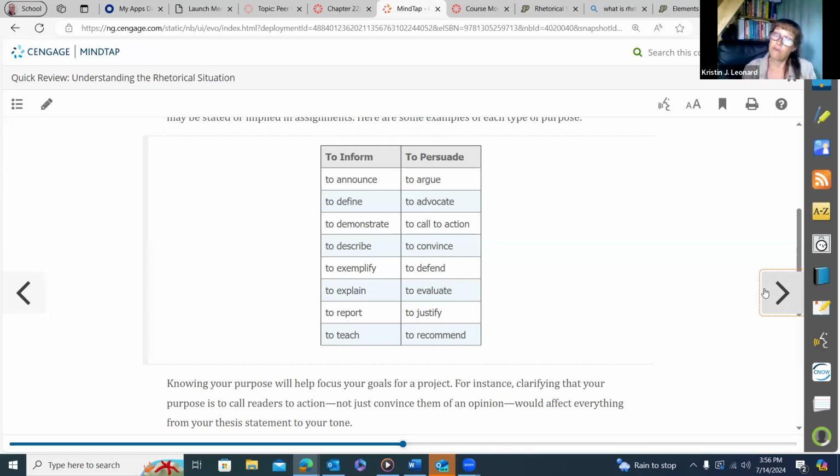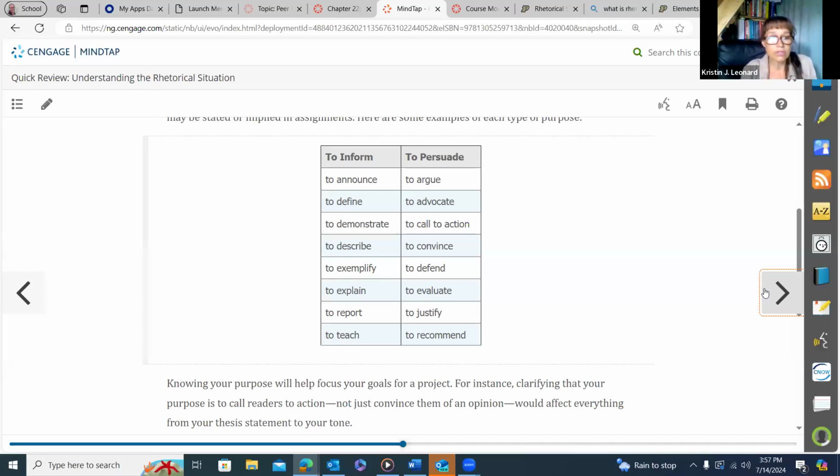The to inform, that will become relevant in more of a research-based paper. If you have an assignment that says that you need to analyze or inform your readers on your topic, that would be more the left-hand column. You're not trying to persuade people.